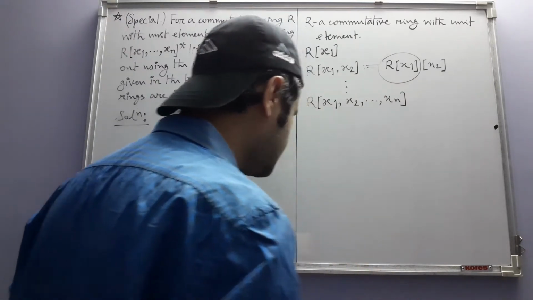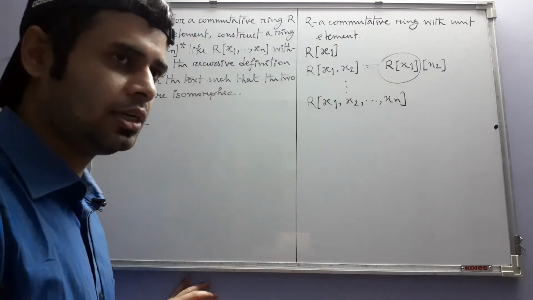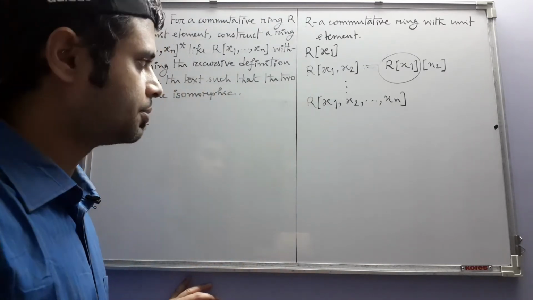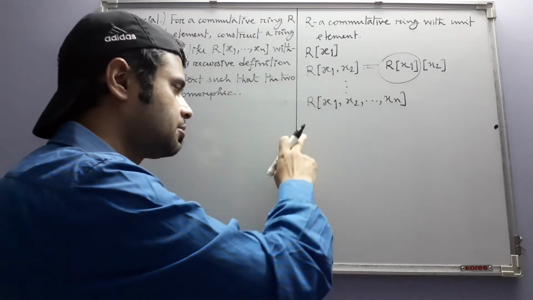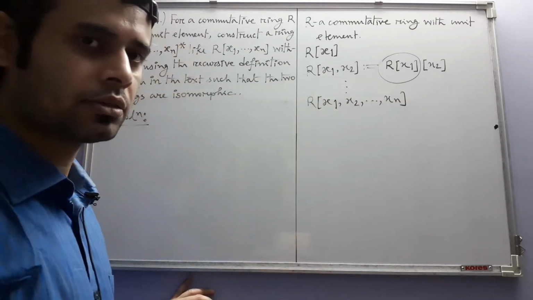Now we have already seen, we have discussed this before, in fact using one example, that the elements in such a ring can be quite complicated.